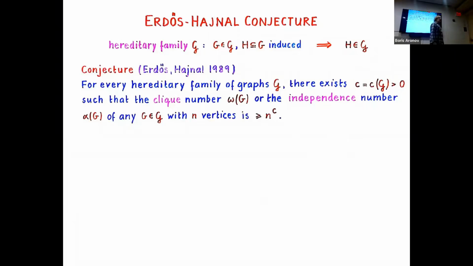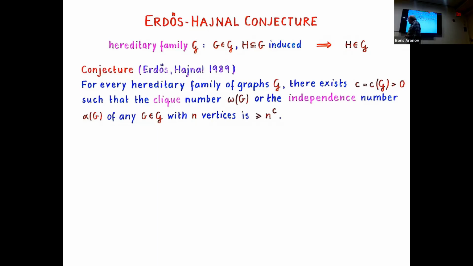If you have a hereditary family of graphs, then there exists a constant c so that either the clique number or the independence number is larger than n to the power c, with c a positive constant. Maybe c is a very small number, like 0.0001. Nevertheless, if n is large, it's much bigger than log n, which was given by Ramsey's theorem. So this would be a huge improvement.